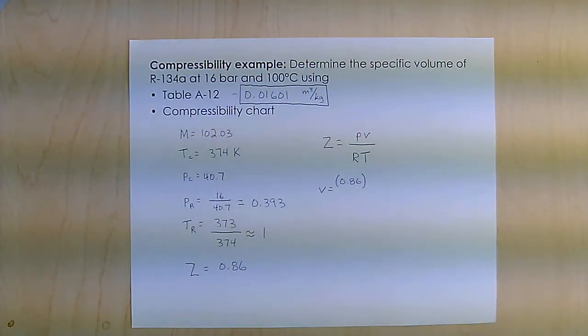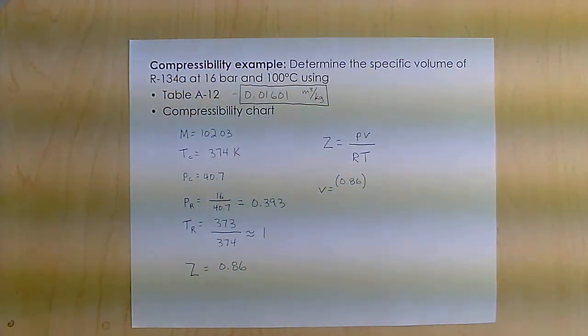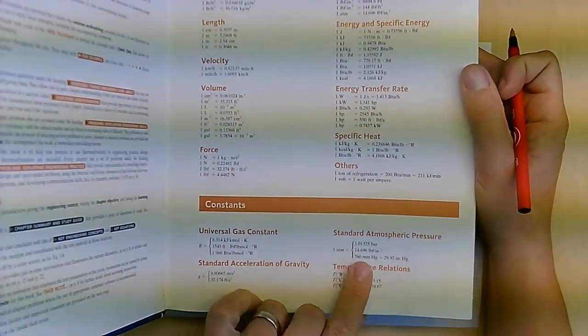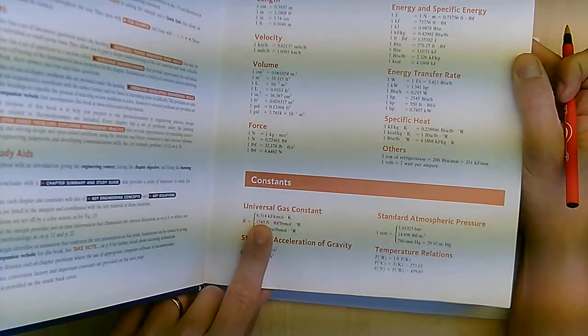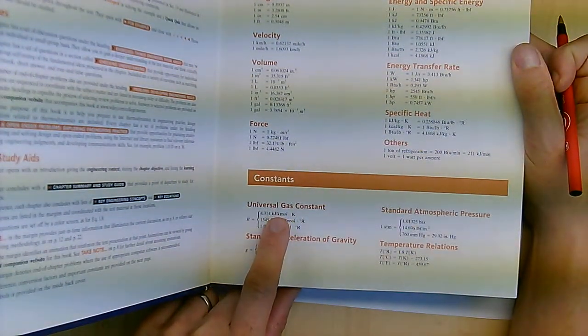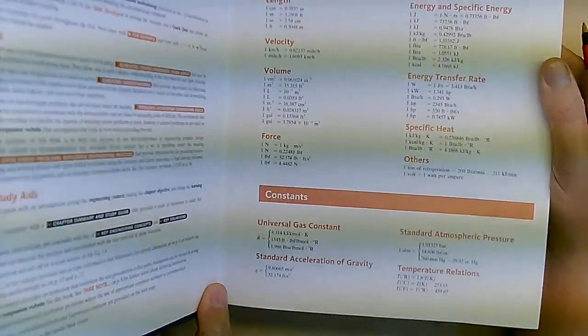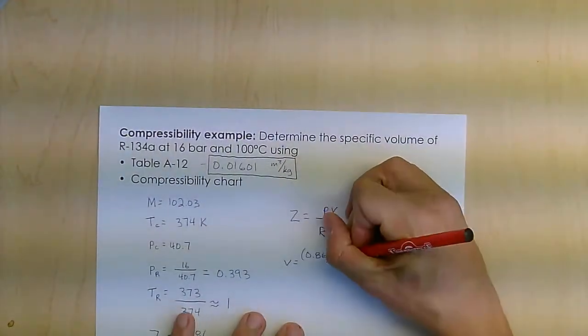R is my constant, which is right there, and rather than kilojoules per kilomole, I'm going to use joules per kilomole. So I'm going to use 8314.